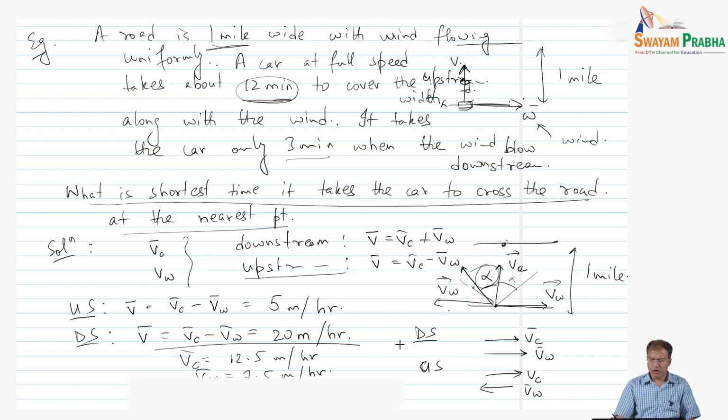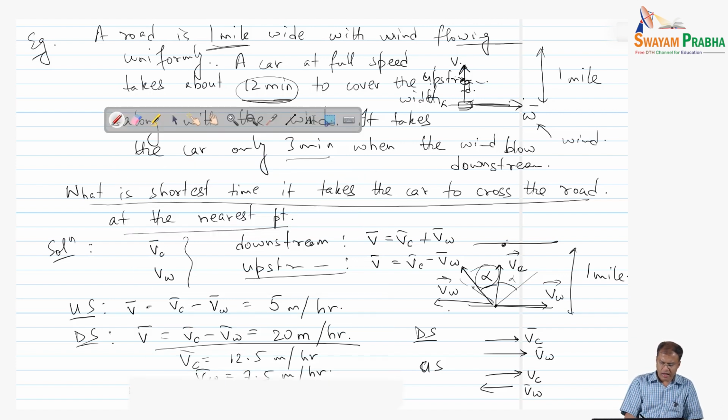So what is this angle? Vc cos alpha is going to be the upstream velocity, so Vc cos alpha is Vw.